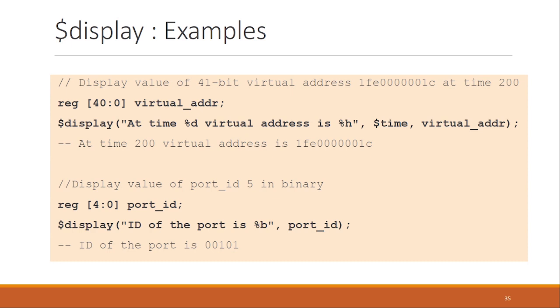So now you need to provide the values that should be used to substitute %d and %h. For the first placeholder we are giving $time, and for the second placeholder we are giving virtual address. So this is very similar to what you do with printf in C. There's another example, you can refer to that as well.